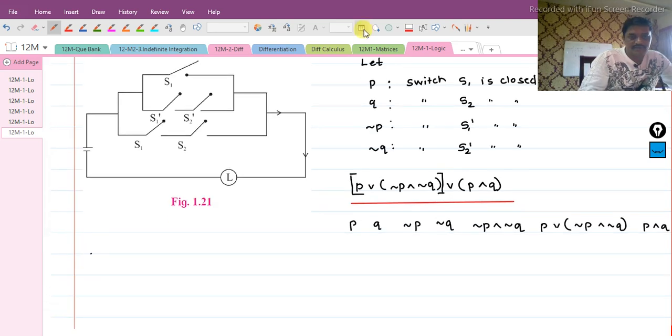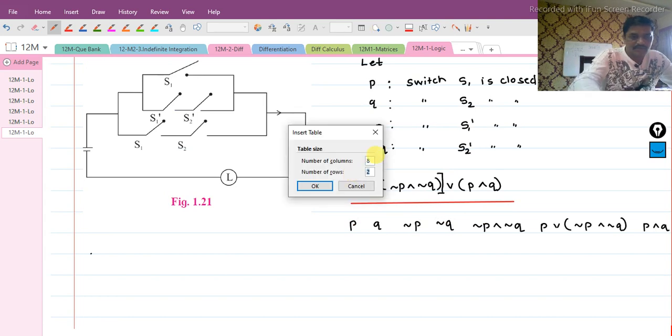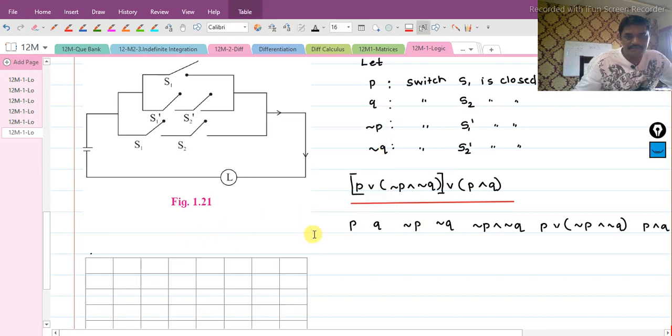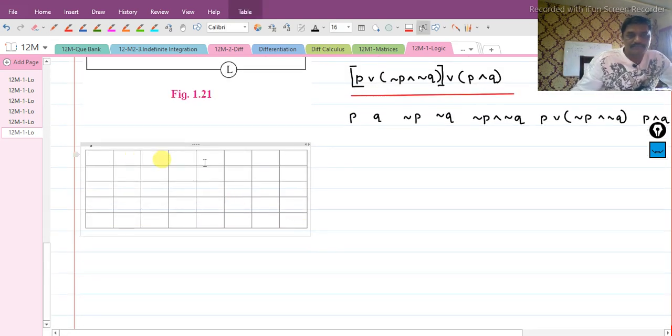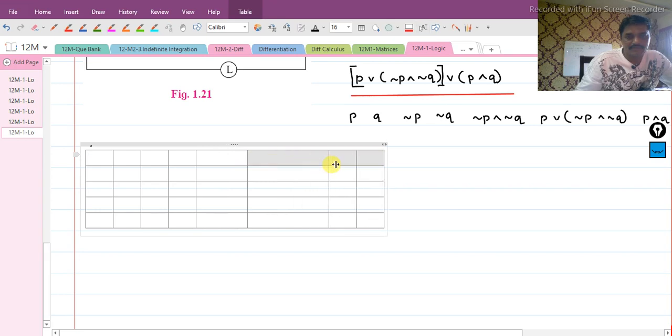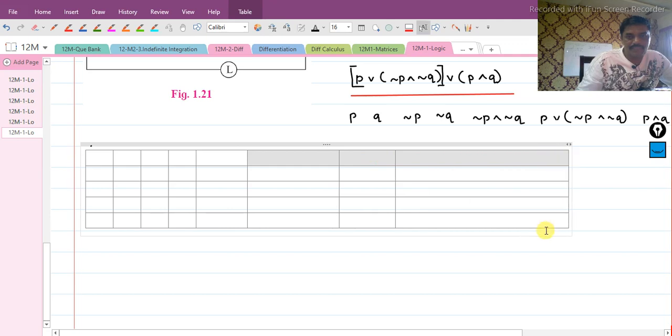Here we need 8 columns and 5 rows. P, Q, negation P, negation Q. This should be a little wider, and even wider, and this should also be wide. And this is going to be the widest of all.